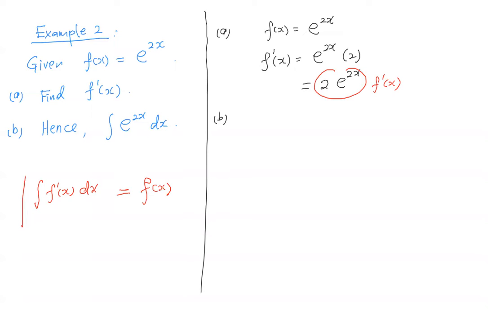Understand? We are going to always make full use of this. That's how you start. So I'm not going to look at the question B because of the word hence. I'm going to write down integrate 2 e to the power 2x.